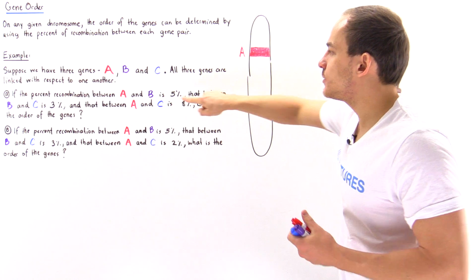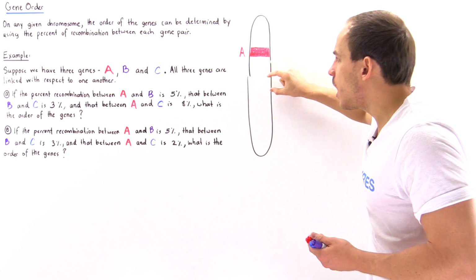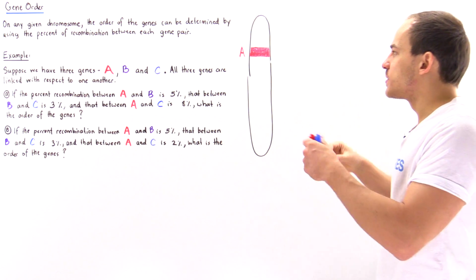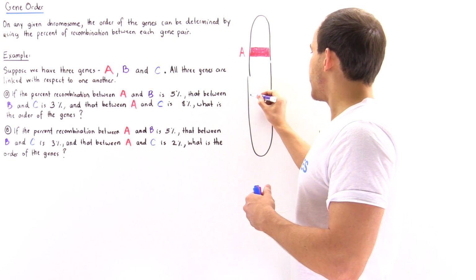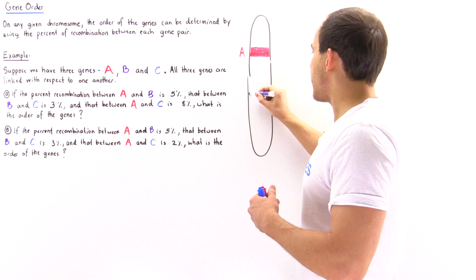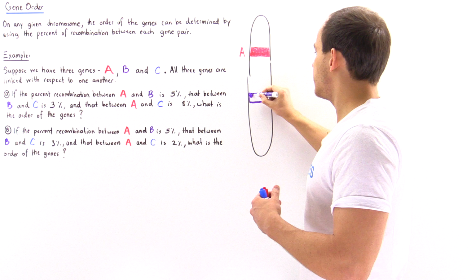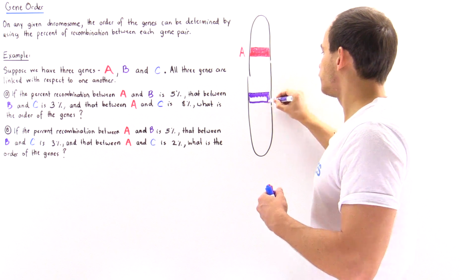We can place gene B either above or below. Because that doesn't really matter, let's put it below. So let's suppose that gene B is found 5 map units below, and this is gene B right over here, given to us in purple.